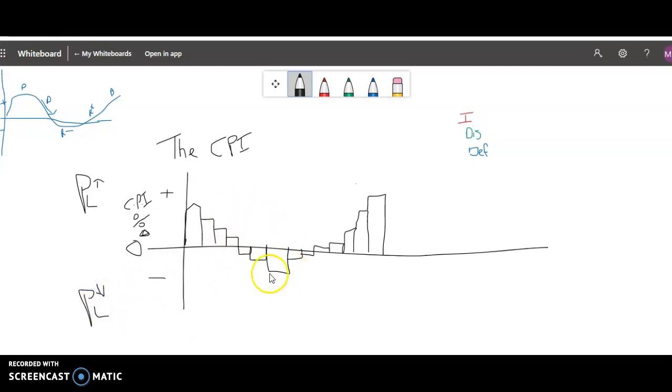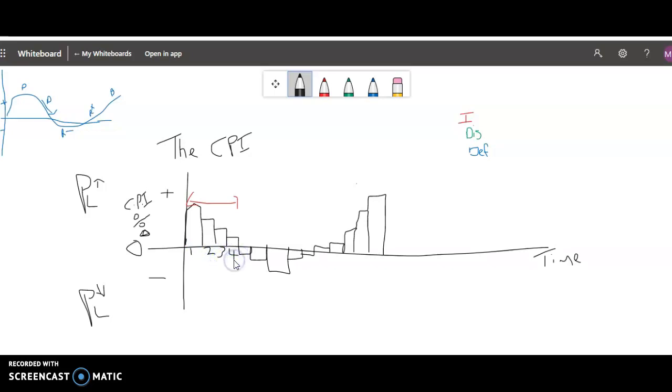So if we look at the graph, we can see that inflation is any of these periods here. I just realized that I didn't put on the horizontal axis that it measures time. Imagine these are quarters of the year, every 3 months. So this is 1, 2, 3, 4.